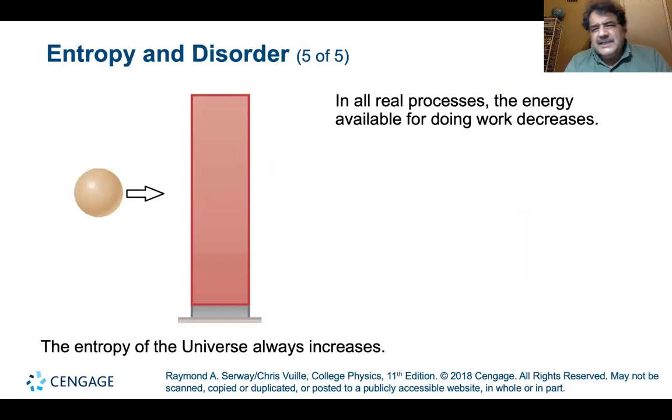In all real processes, the energy available for doing work decreases. So this ball driving towards this wall has a certain amount of energy. Once it hits the wall and rebounds, it has less energy available. Some of the kinetic energy has been transferred to an increase in internal energy of the ball and the wall.